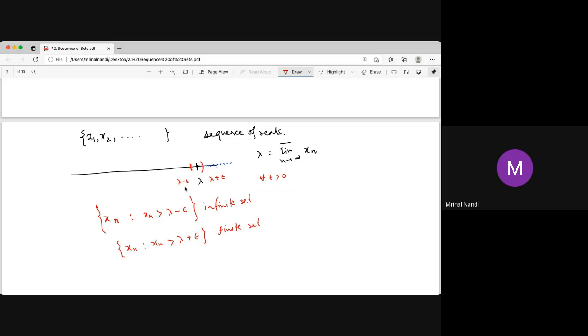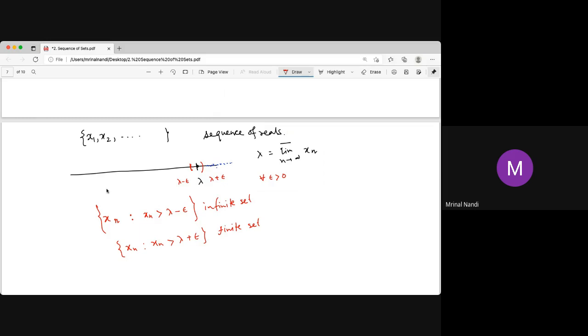That means infinitely many elements are in the interval from lambda minus epsilon to lambda plus epsilon, so lambda is a limit point. And there is no limit point greater than lambda, because for every epsilon there are finitely many elements bigger than lambda plus epsilon. So this is the highest, maximum limit point. That is called the lim sup.